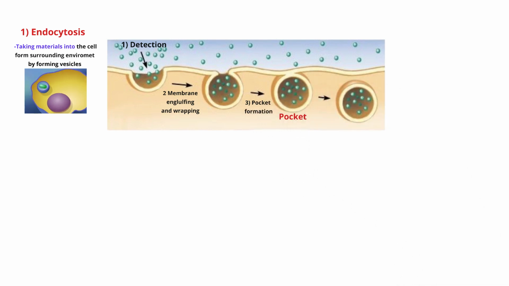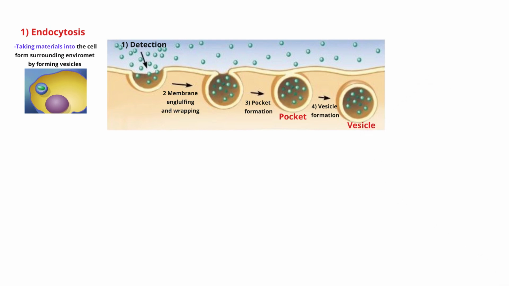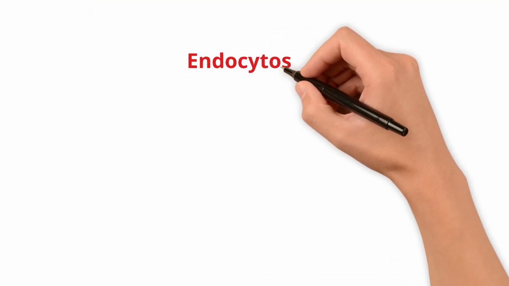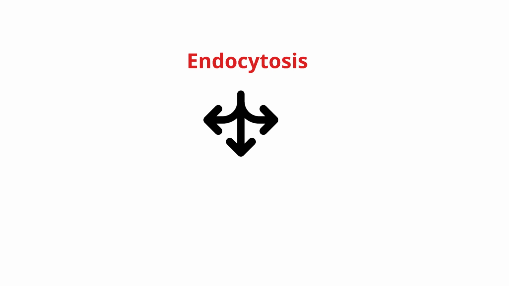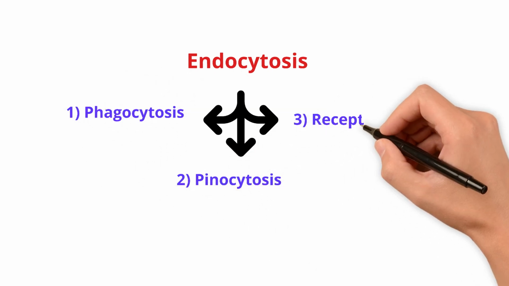As the pocket deepens, it eventually pinches off, forming a vesicle that carries the material inside the cell for further use or processing. In all eukaryotes, endocytosis comes in three main forms. These include phagocytosis, pinocytosis, and receptor-mediated endocytosis.